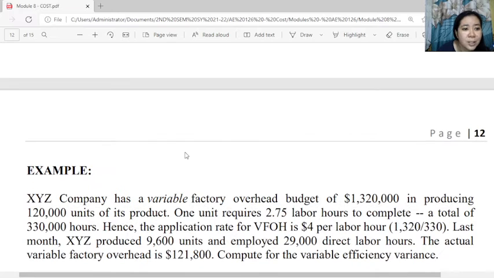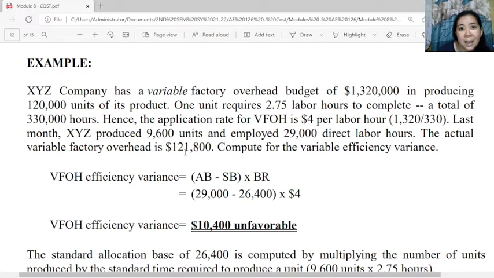Okay, so to understand better, let us take this example. XYZ company has a variable factory overhead of 1,320,000. This is the same as the first example. They produced 120,000 units of its products. One unit requires 2.75 labor hours to complete.